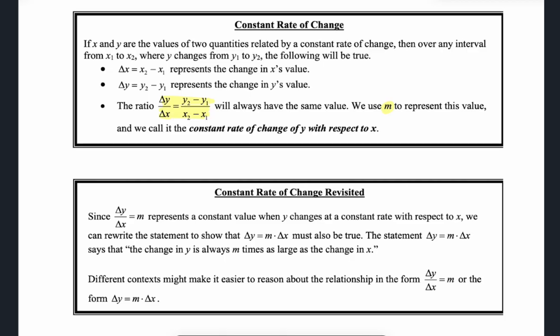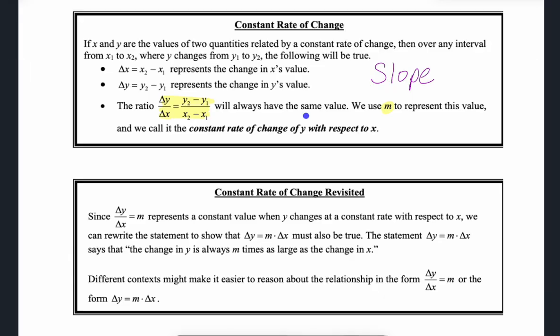So you can even put a word here, slope, to remind you. It is going to be delta y to represent the change in y and delta x to represent the change in x. Remember, it's always the ending value minus the start. So y2 minus y1, ending value minus the start, x2 minus x1. Okay, that is the constant rate of change of y with respect to x.